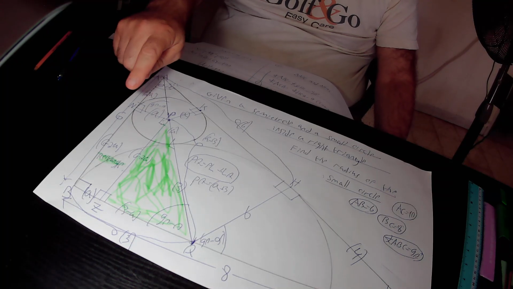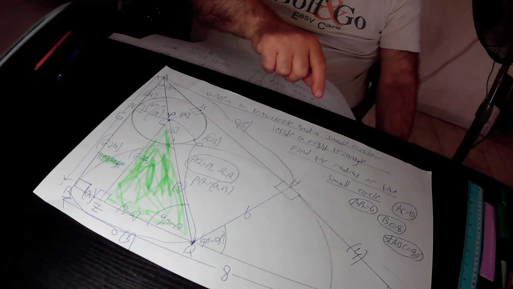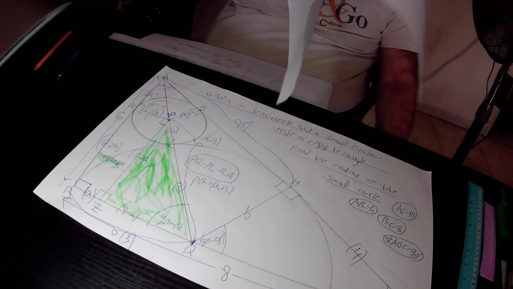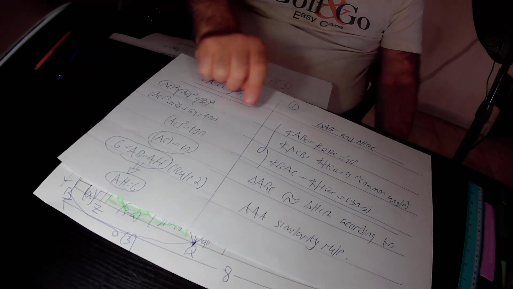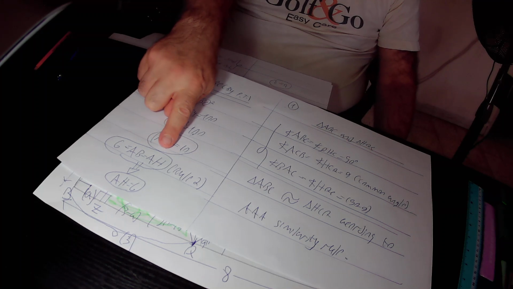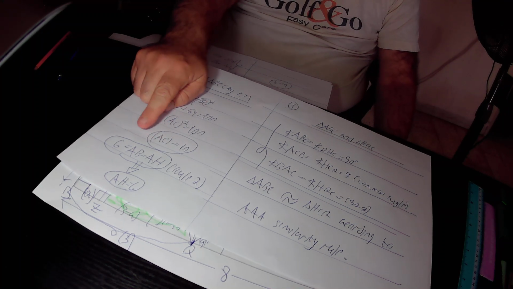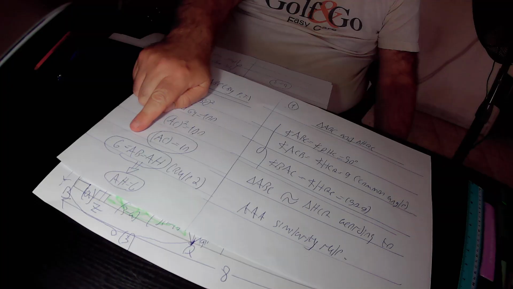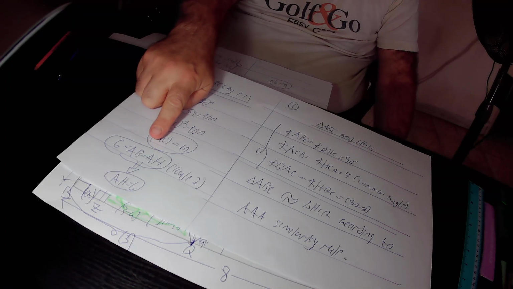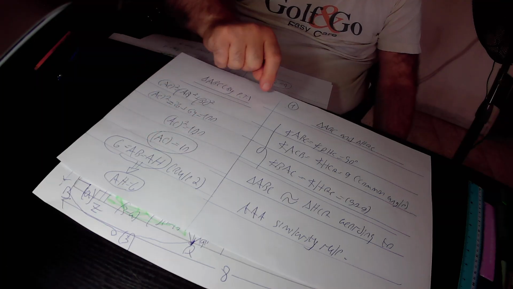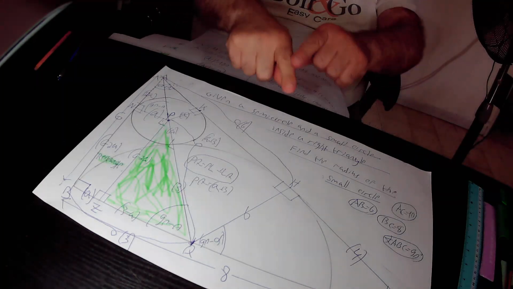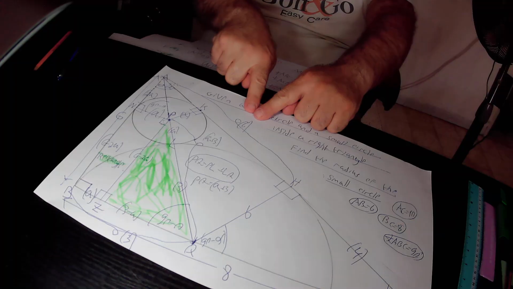This is to say AB equals AH. But AB is 6, so from this equation, 6 equals AB equals AH, we derive that AH is also equal to 6 units in length.